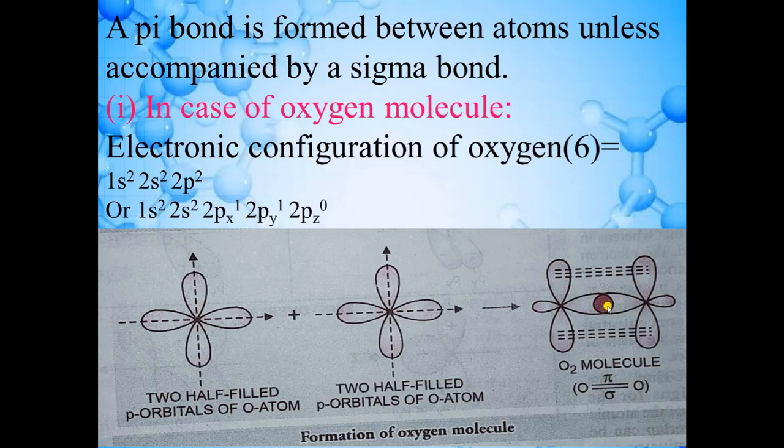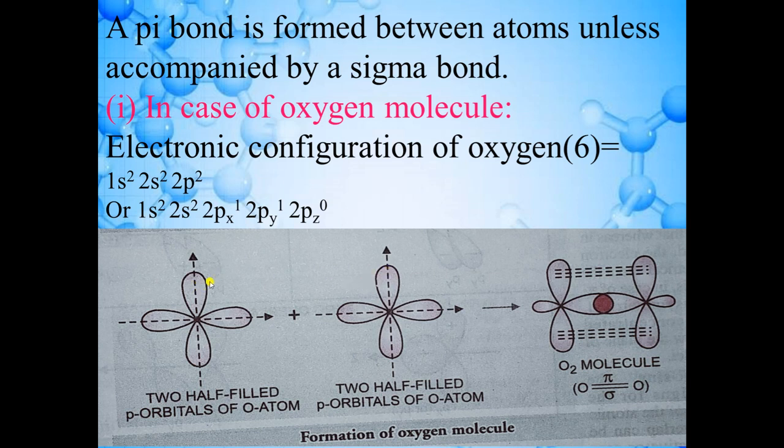We have already studied that this end-to-end overlapping forms a sigma bond. But one electron is present here and one electron is also present here, so they will also pair up. That means pairing between these two orbitals will take place.